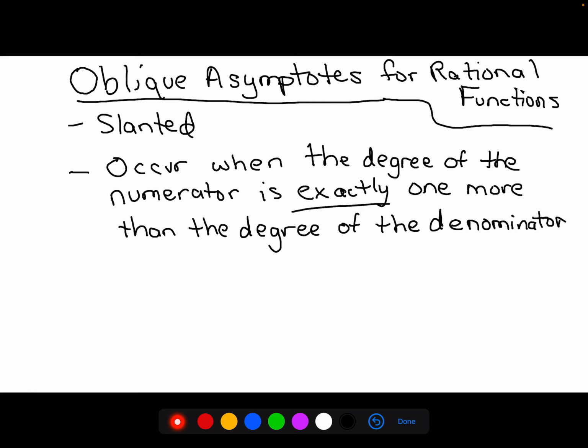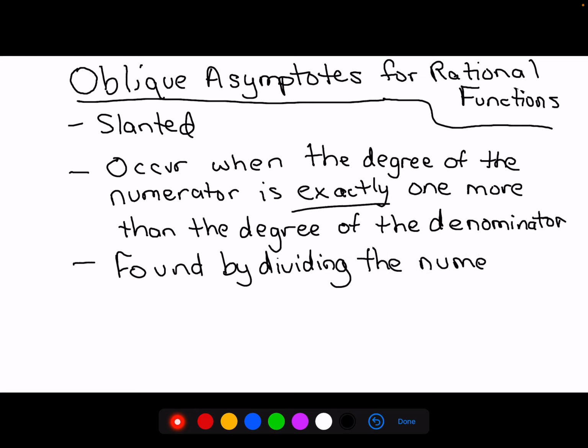Okay. How do you find it? It's found by dividing the numerator by the denominator and ignoring the remainder.